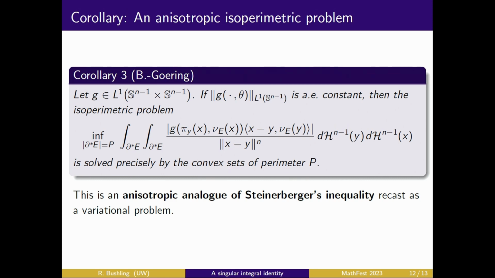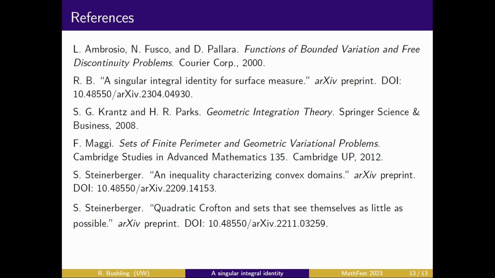And so Max and I are still currently looking for a general way of phrasing the solution. Maybe one doesn't exist, but we can certainly do a little bit better than this. So, having completed the objective of finding some anisotropic analog, I think I'll stop there. Thank you.